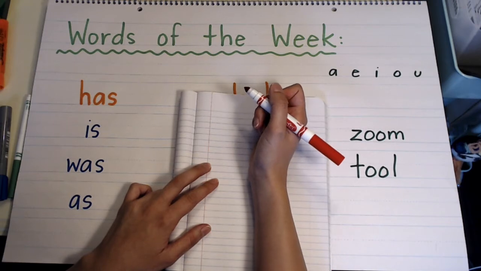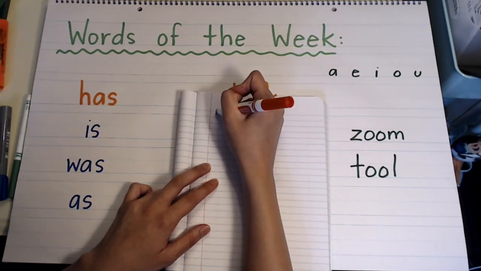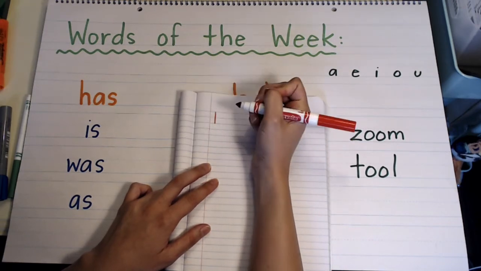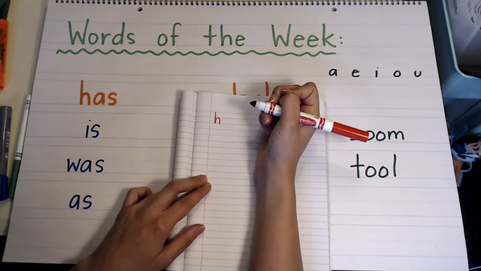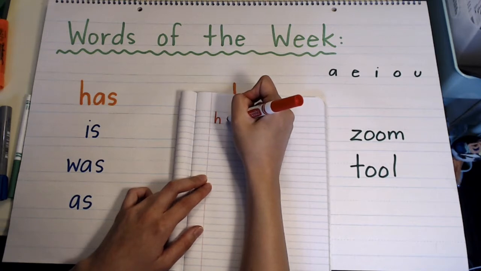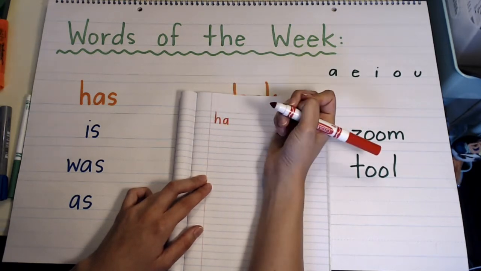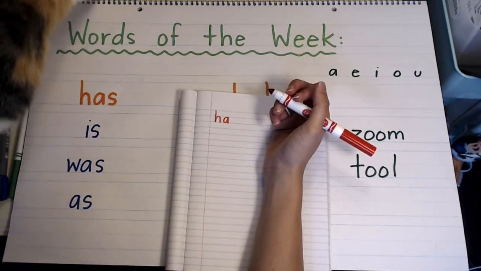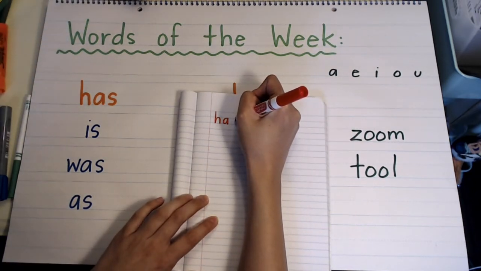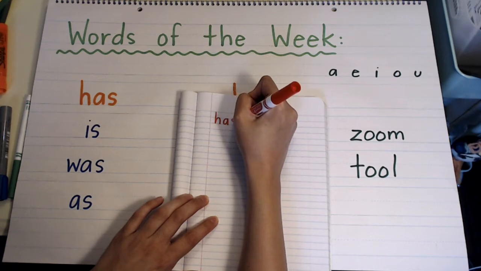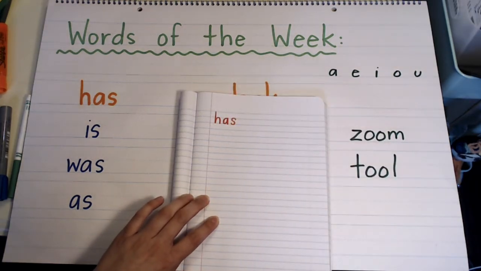To write has, first you're going to make a long line down so it has a tail at the top and then do a bump, H. And then for the letter A, make a circle and a line. Oh, lovely. Okay, and then an S. All right, so you start here, you curve around, and up. Has.